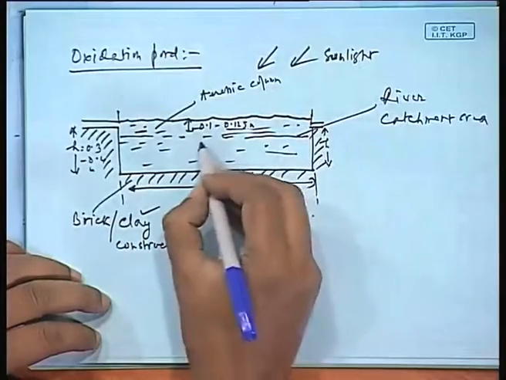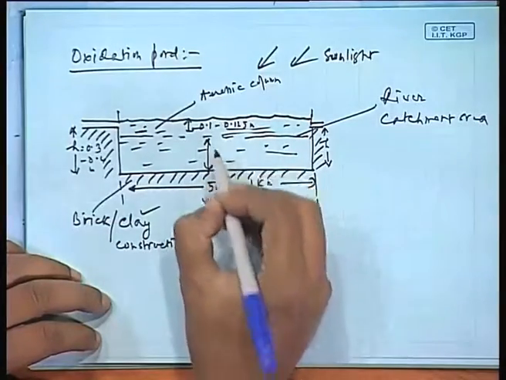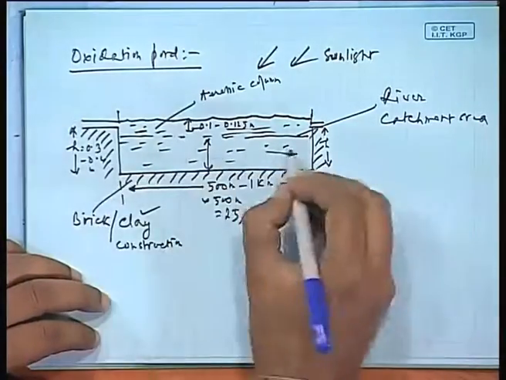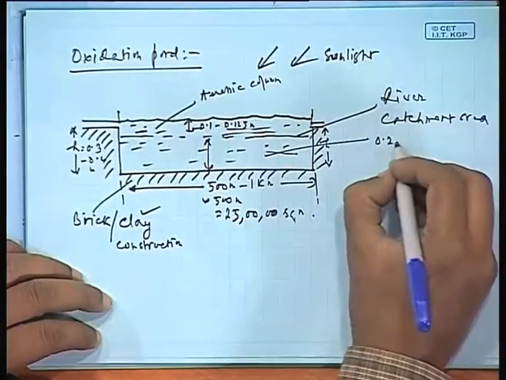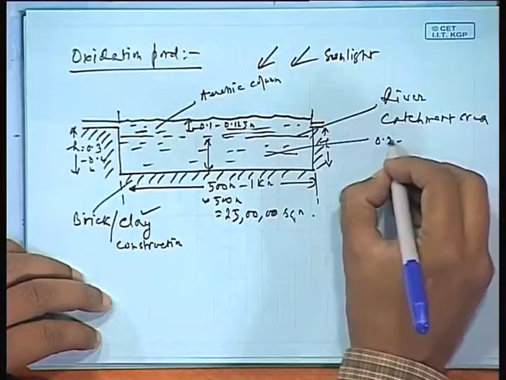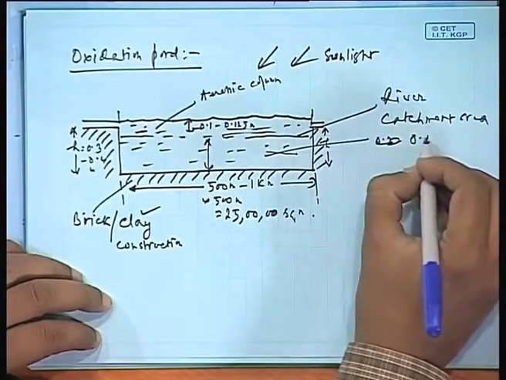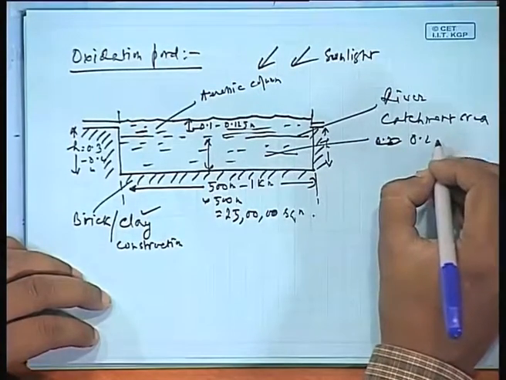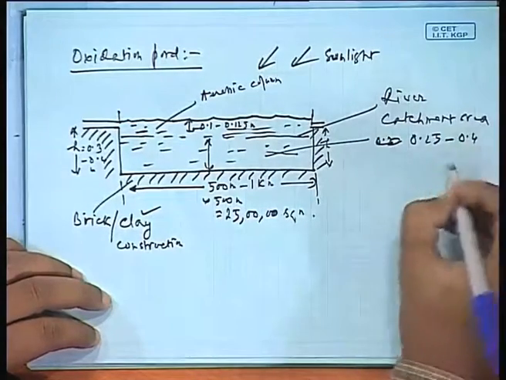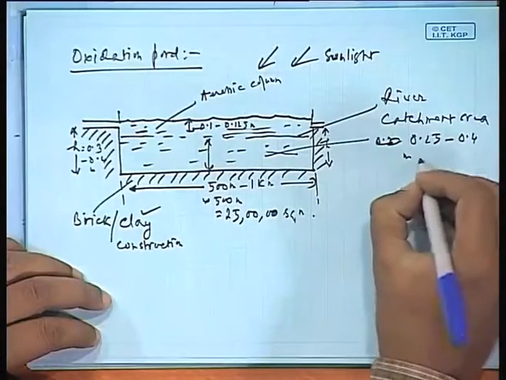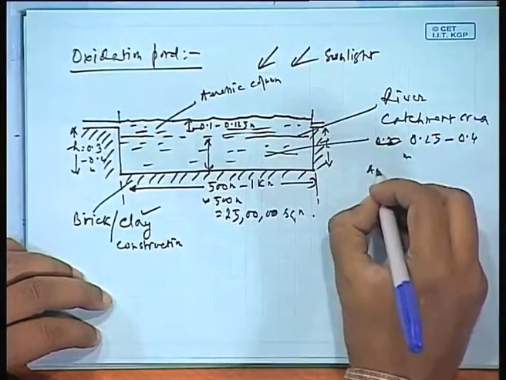Below this, after a certain depth, between 0.25 and 0.4 meter, we find an anaerobic column.